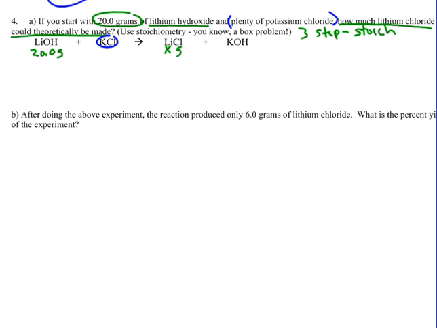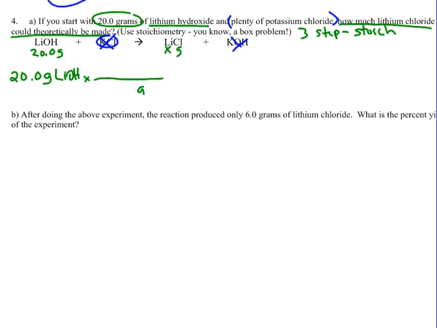And so all we're saying is that there's lots of potassium chloride and you will use up all 20 grams of lithium hydroxide. So the KCl and the KOH in this problem have nothing to do with the math that you're going to do. All right, well, doing our three-step problem, start with the quantity given, 20.0 grams of LiOH.